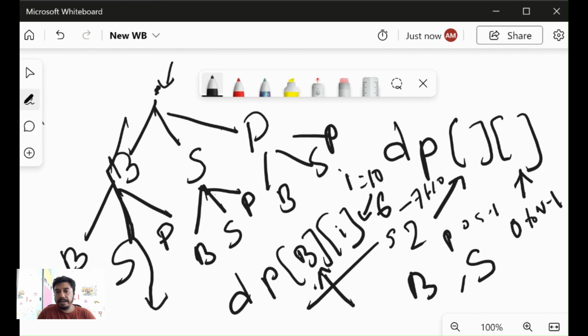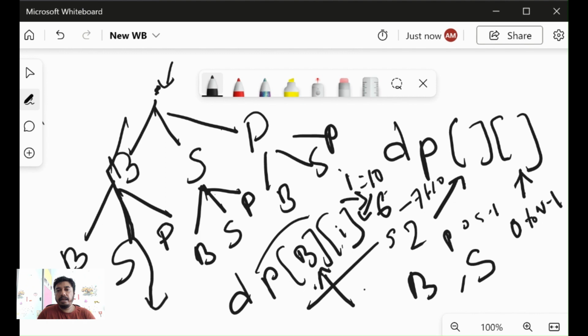For this quantity I would take the value evaluated on day 6, which is dp of B, i, for i equal to 10.